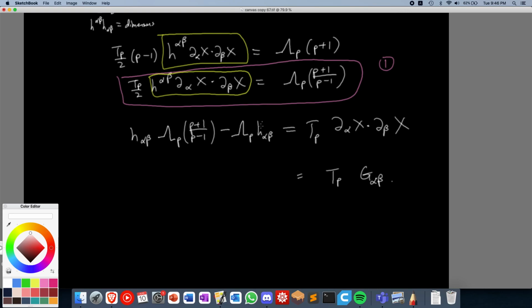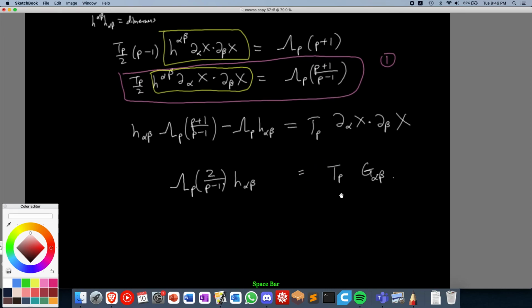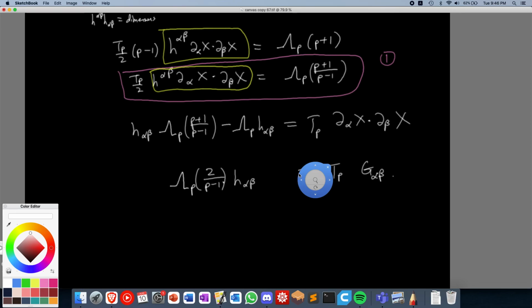Now everything is in terms of the induced metric. So we just need to see that this minus that is going to be 2. So is this 2 over p minus 1 H alpha beta, and that's wonderful. Okay, so where do we go from here?